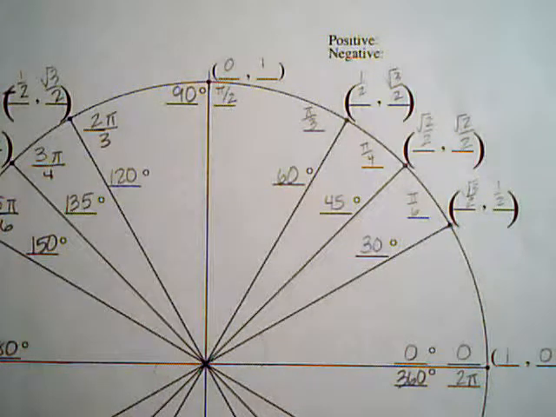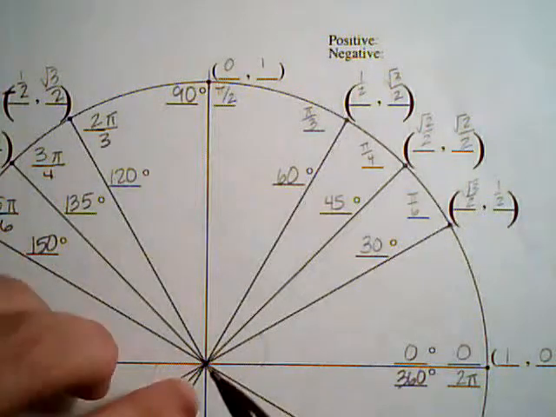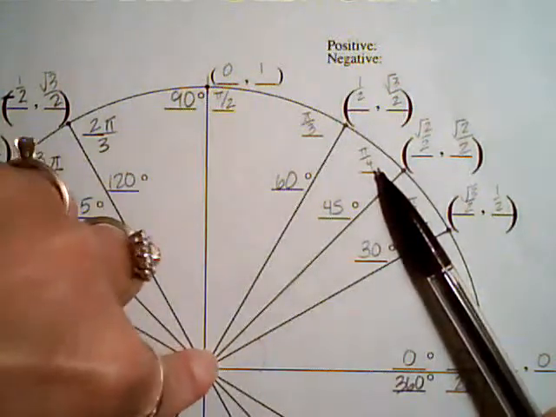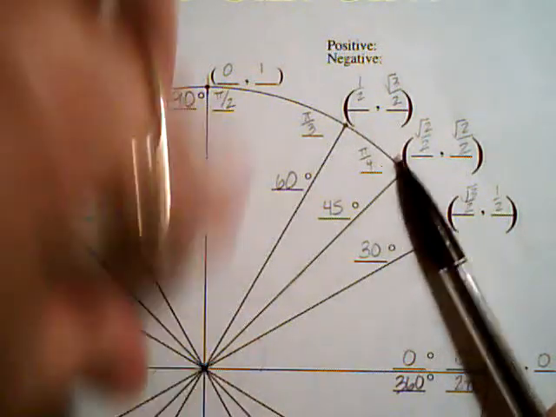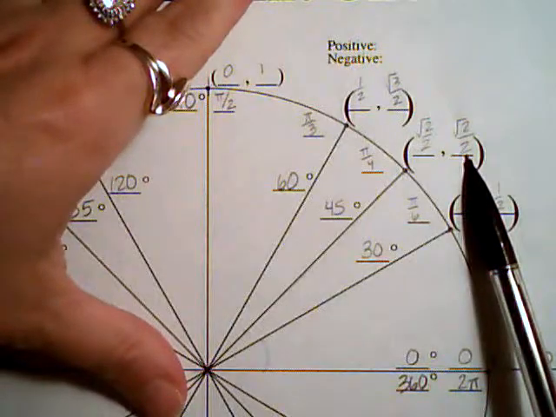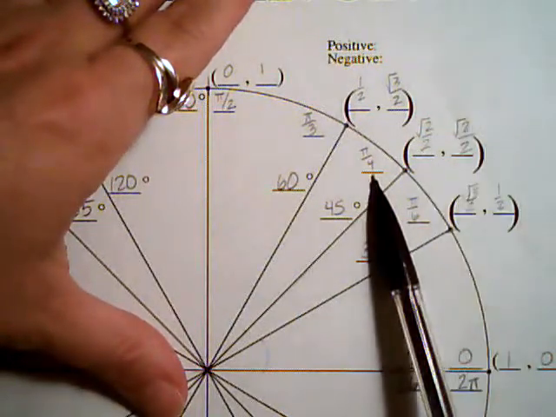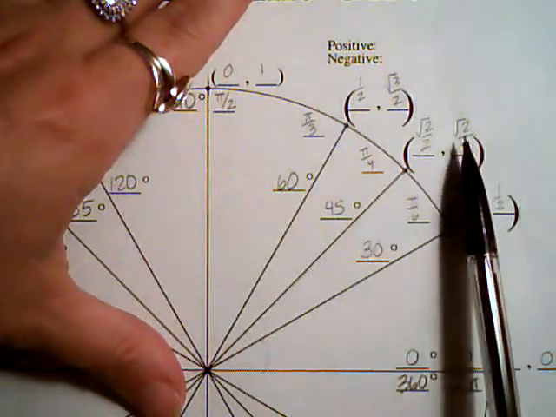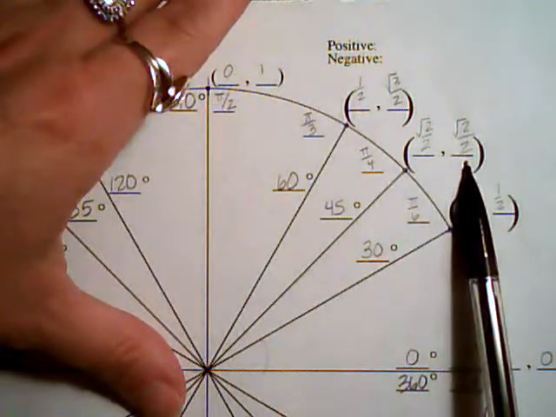You will be asked to find things on the homework such as, what is the sine of pi over 4? Okay, so the sine of pi over 4, if you think about your unit circle, we said that sine is equal to the y value, so that means the sine of pi over 4 is square root of 2 over 2.